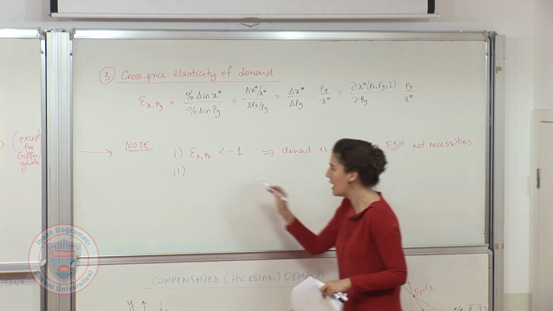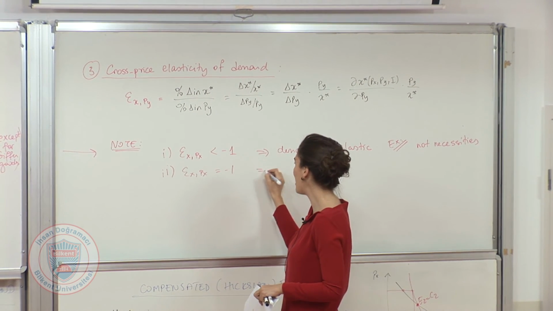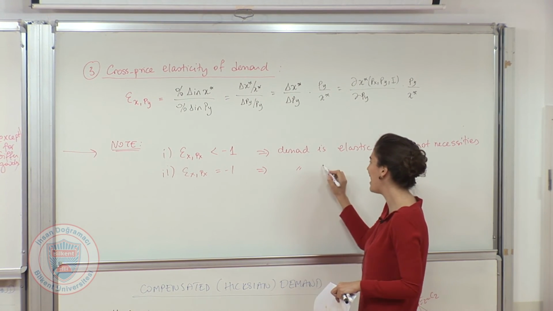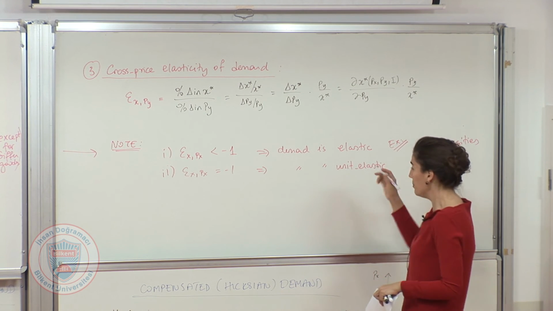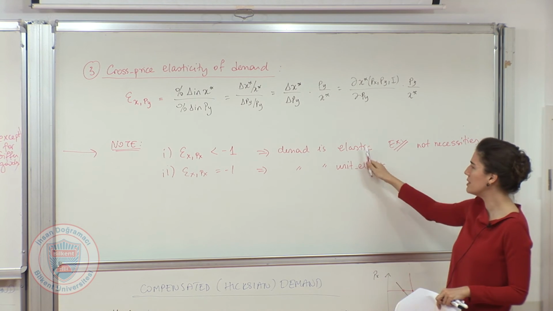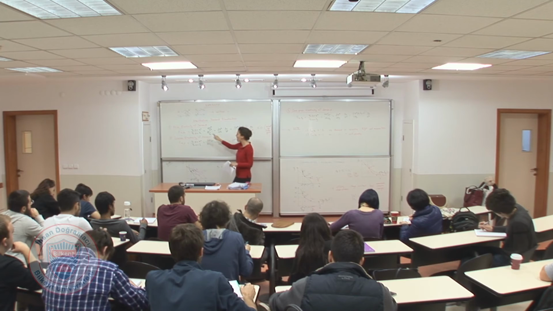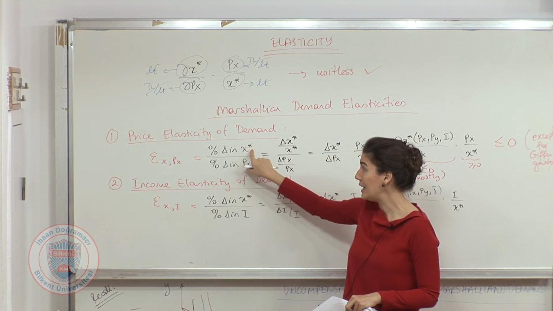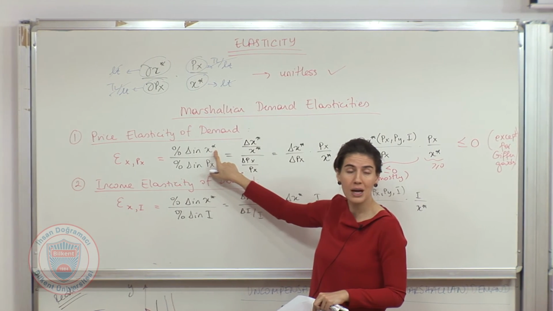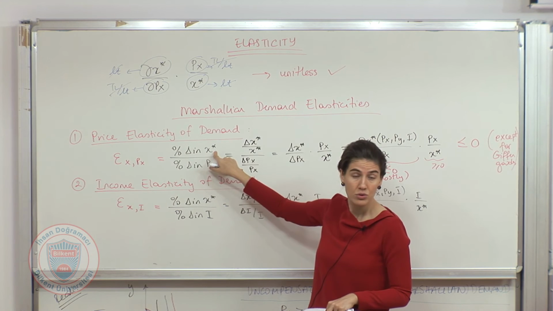Okay, now when we have this equal to -1, we said that demand is unit elastic. What does this mean? Suppose it's -2. It says that when there's a 1% increase in price, the consumption of X is going to decrease by 2%.